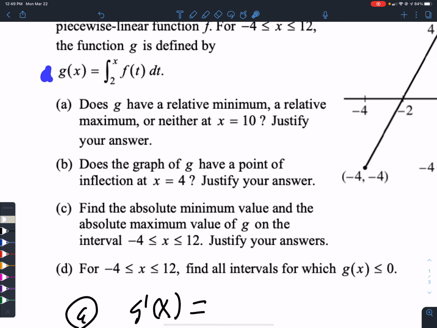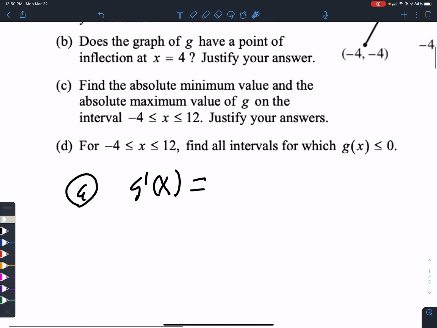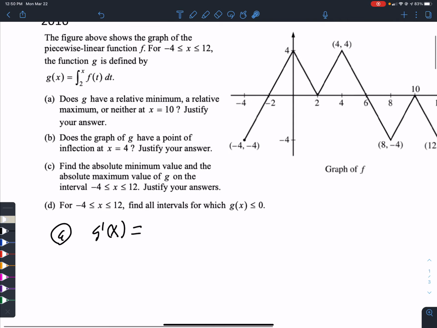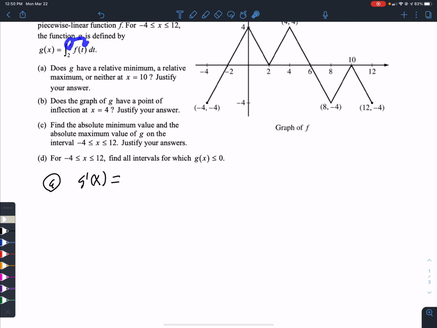When you take the derivative of one side and I take the derivative of the other side, remember the derivative of an integral from a constant to x, you just plug x in. So you would plug this x in for t, and it would be f of x. That is the derivative. So I would give you 1 point for finding the derivative of g.